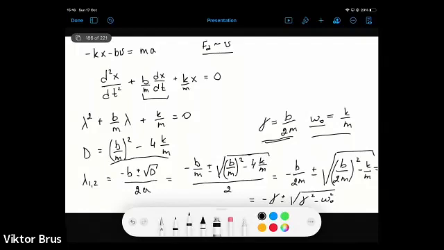Because you wrote that k divided by m is the square of omega 0, and it doesn't align with the previous one. Need to double check.